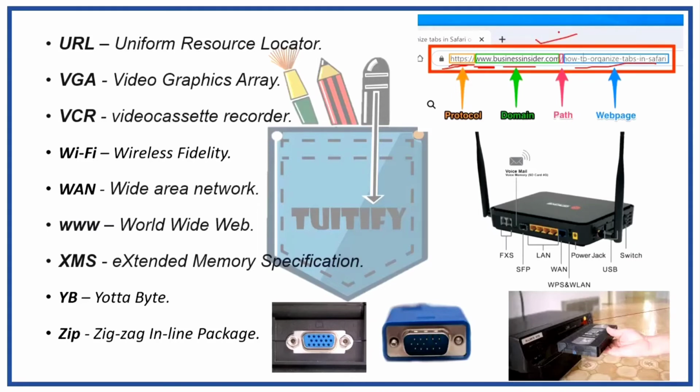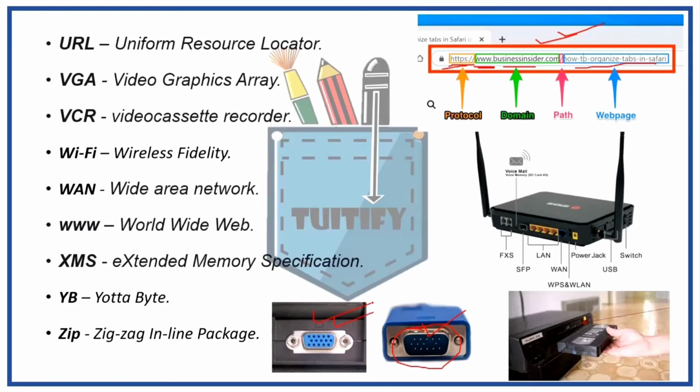Next, moving to VGA. VGA stands for Video Graphics Array. It is a standard connecting pin or connector used for computer video output. We use this connector to connect our monitor or projector to our computer. You can see it is a 15-pin output. There are 15 pins, and this is the port where we plug in the cable.